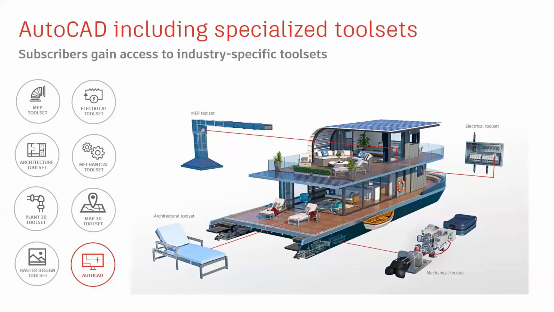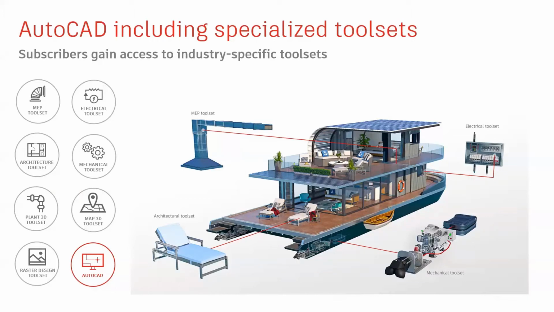But I'm telling you, and you probably know this, that is a lot of effort. You should ask yourself, why do all this effort if you can be more efficient? Why not take advantage of AutoCAD MEP, AutoCAD Architecture, AutoCAD Electrical and Mechanical, which add thousands of intelligent industry-specific objects, styles, and features to your application.